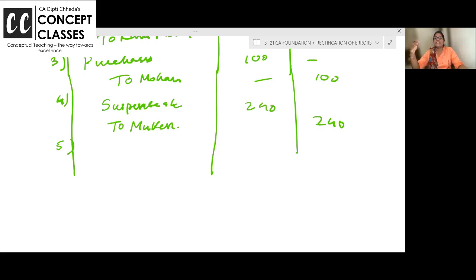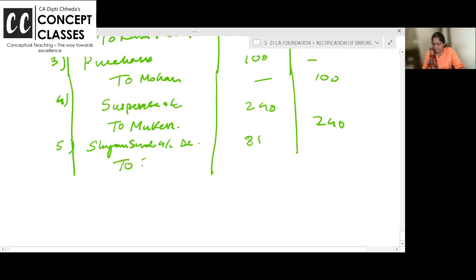Shyam Sundar is a receiver. Shyam Sundar account debit to purchase return. So what you should do to Shyam Sundar? Shyam Sundar account debit, you should have done 90. You have done 9, 81. Only his account is wrongly posted.